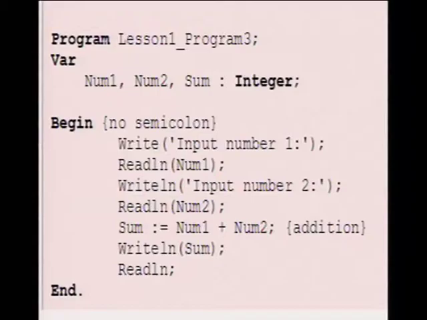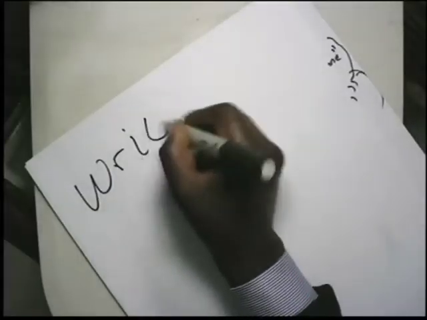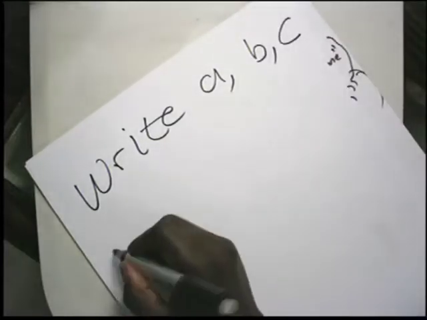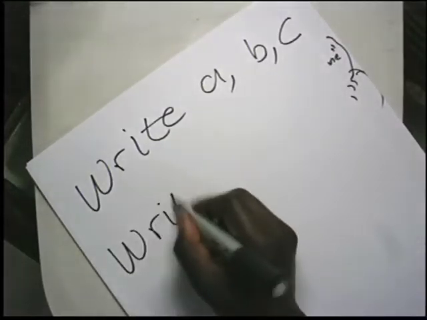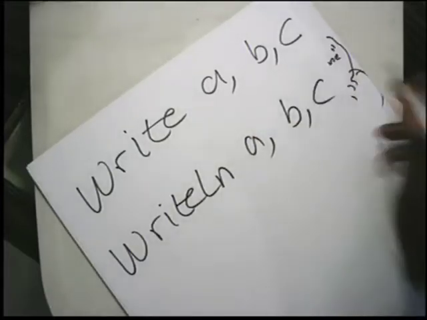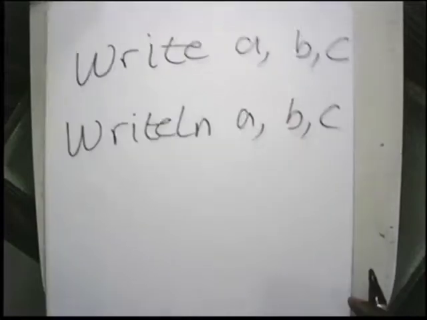Let me explain the difference between write and write line. If I write something like this, write A, B, C, then I have write line A, B, C. Let us look at the difference here.